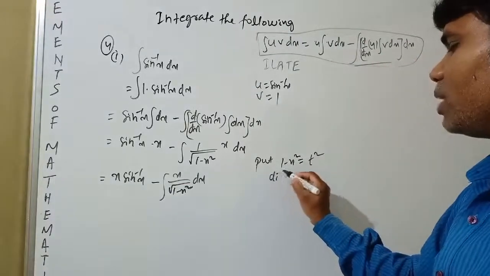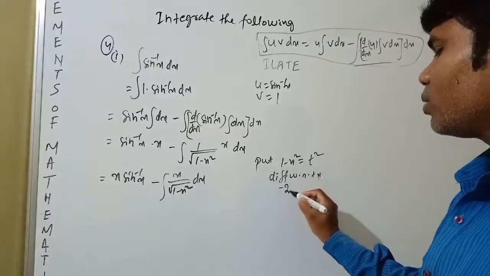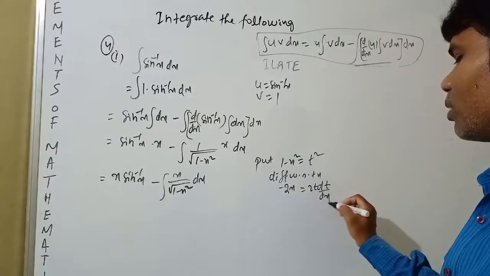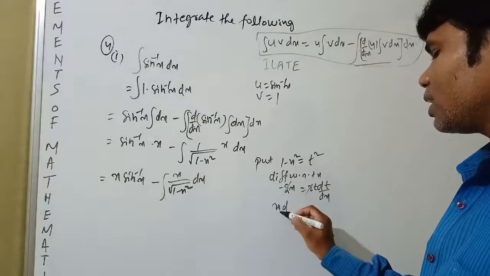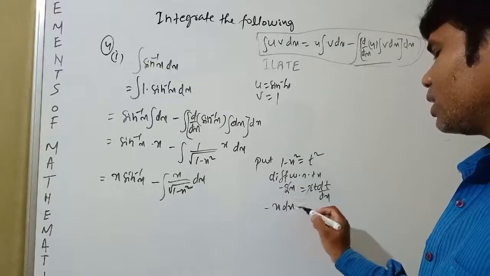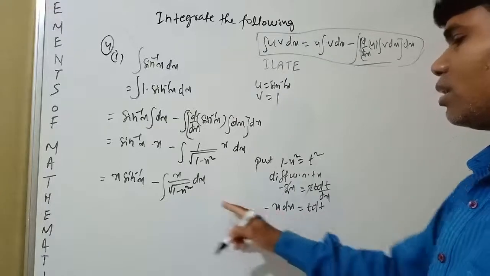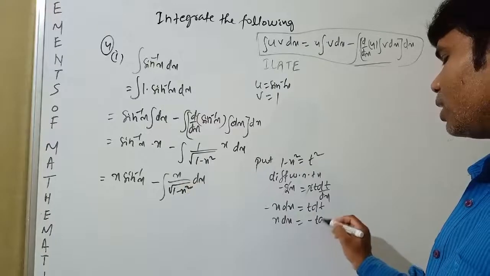Differentiate with respect to x, you get minus 2x is equal to 2t dt by dx. 2 will cancel out, so minus x dx is equal to t dt. We need x dx, that is x dx is equal to minus t dt.